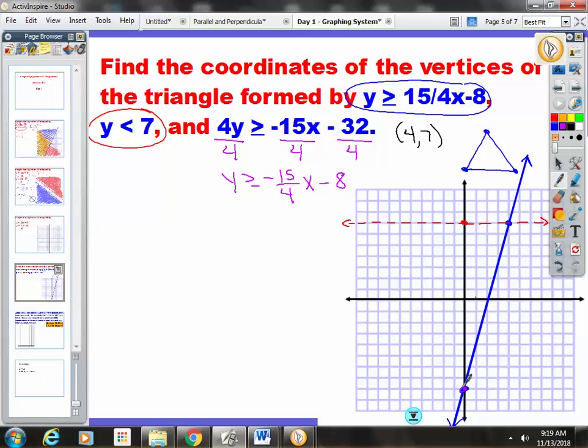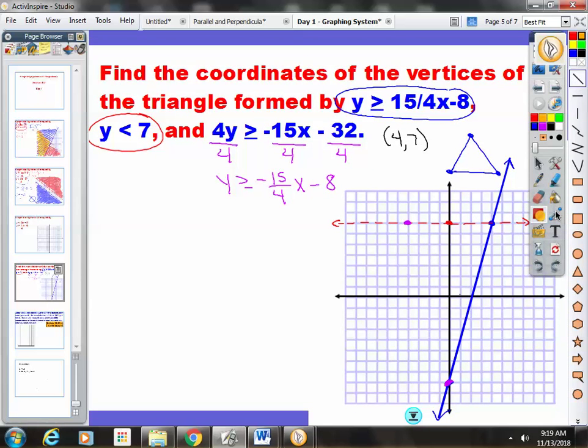So the y-intercept is down here at negative 8, and the slope is negative 15 fourths. I don't want to go down 15 and right 4, do I? A better choice is to go up 15 and left 4. 1, 2. This one will be a solid line also.